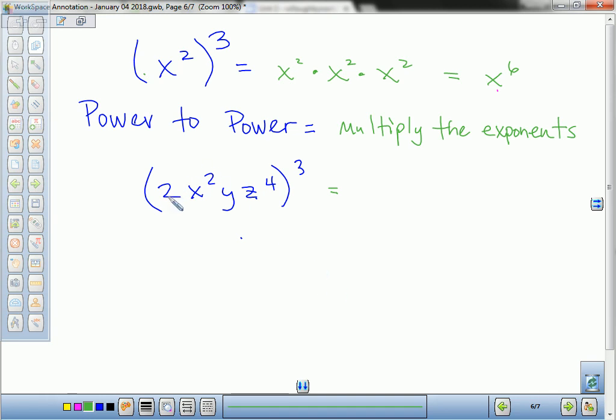So this is understood to be 2 to the first power. X squared y to the first power, z to the 4th. So if it doesn't have a power there, it's understood to be to the first power. Now each one of these powers has to be multiplied by 3.